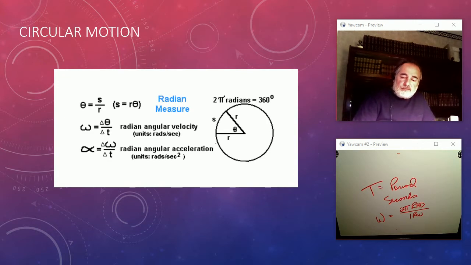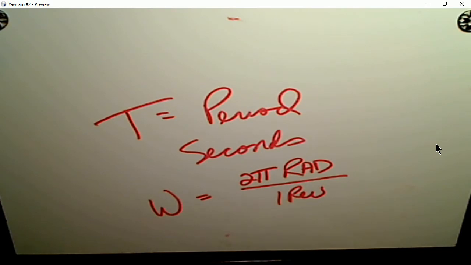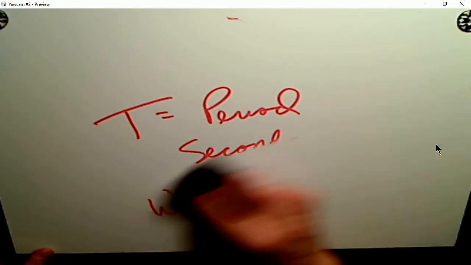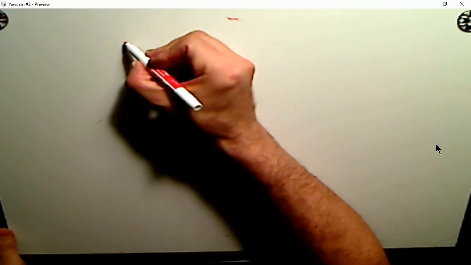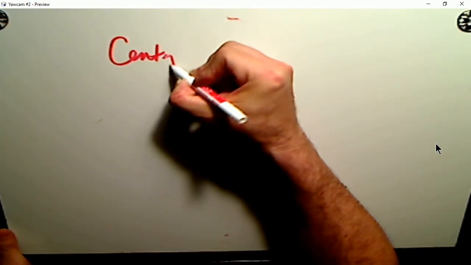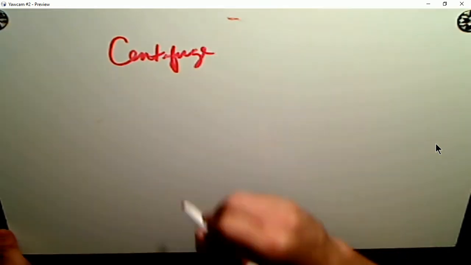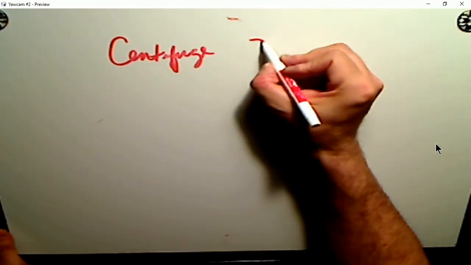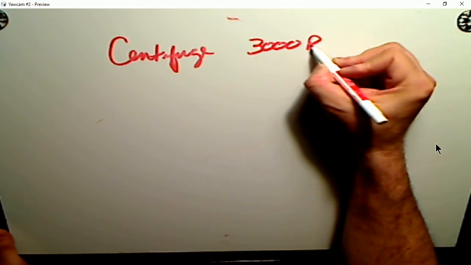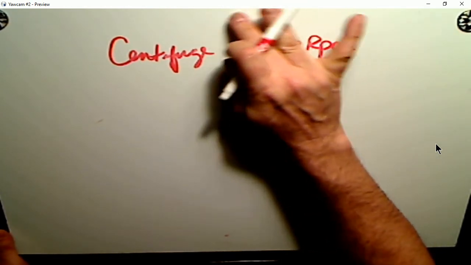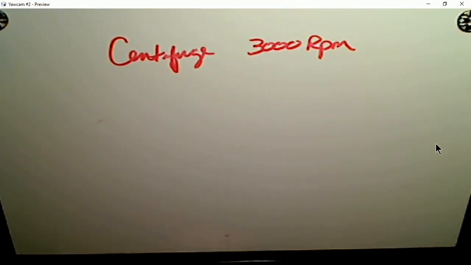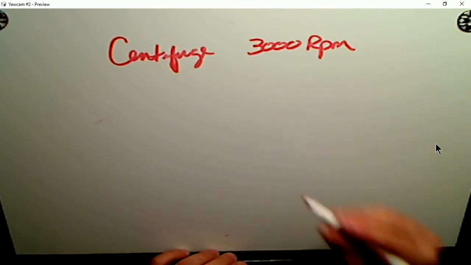So, knowing that, let's do a quick example here. I have a centrifuge. And that centrifuge is going at 3,000 RPM. Common term in engineering, RPM. What is its angular velocity?